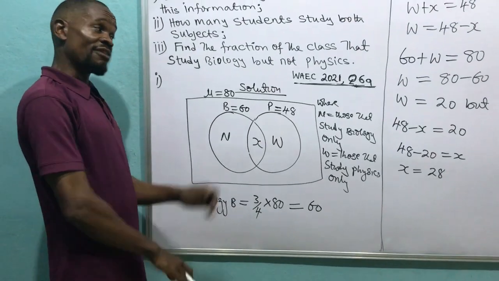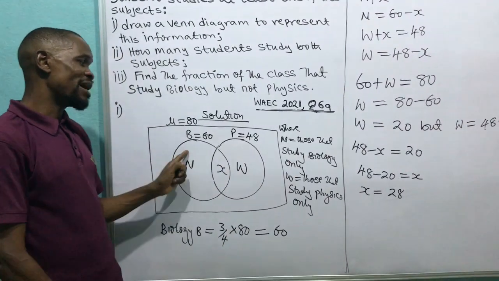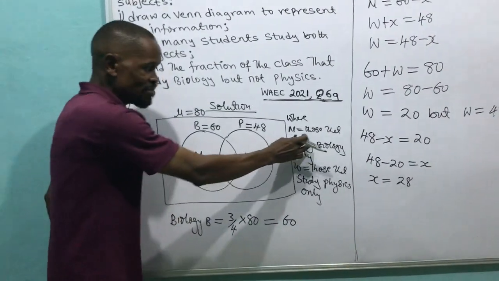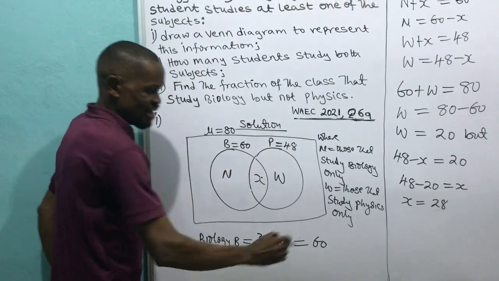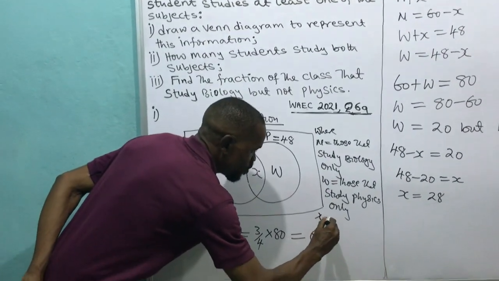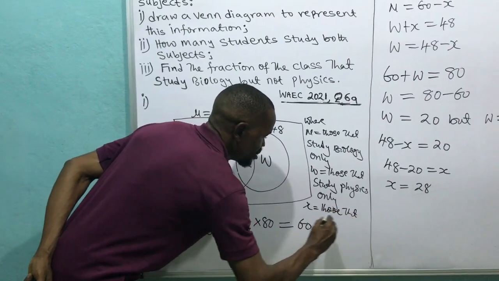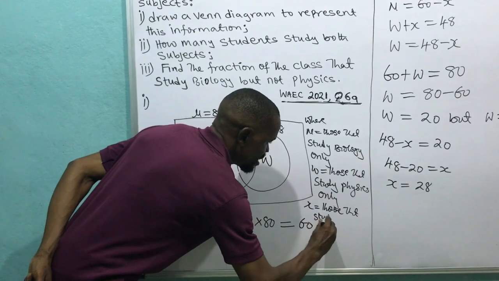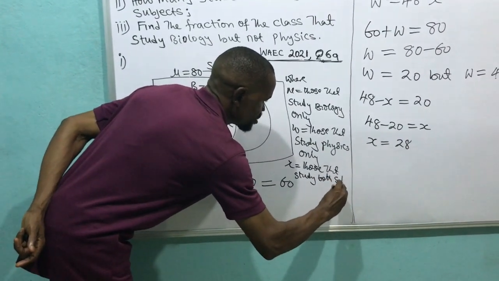You can say that I have explained that this one stands for those that study biology only, and this one stands for those that study physics only. Then X is equal to those that study both subjects.